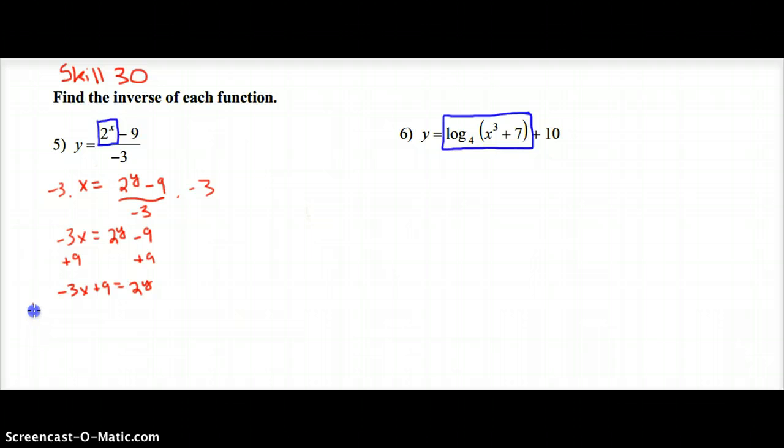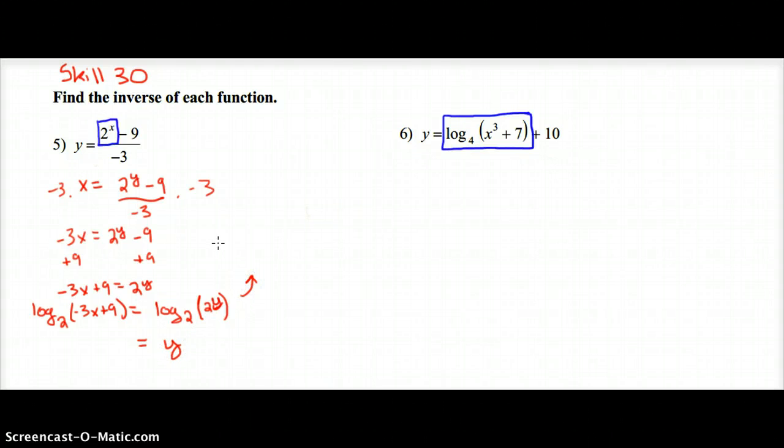So I'm going to take the log base 2 of both sides. The reason is that on the right side, the log base 2 of 2 to the y power simplifies to just y.